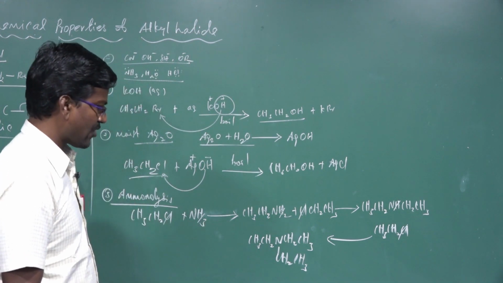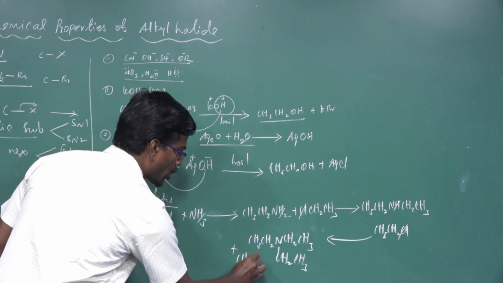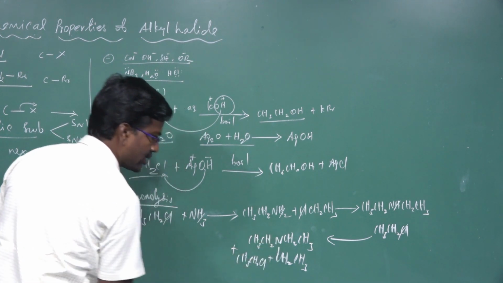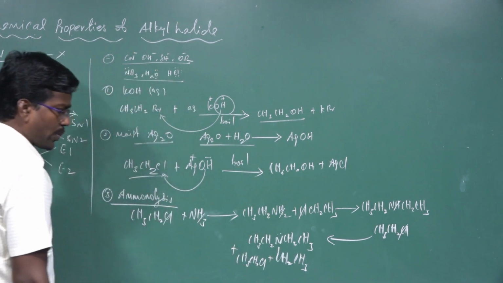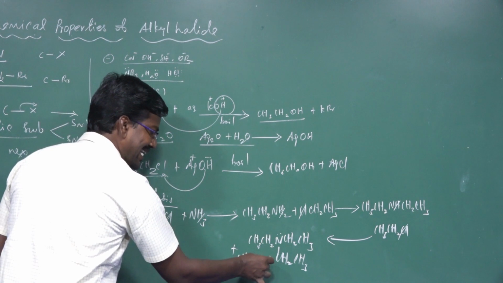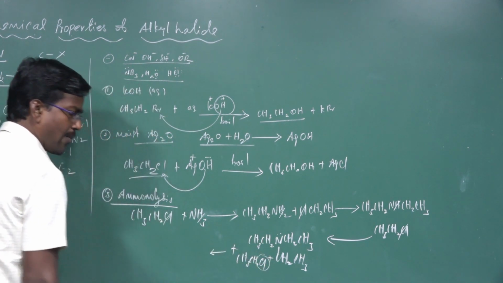So triethylamine is formed. The triethylamine further reacts with one more mole of ethyl chloride. The nitrogen in triethylamine possesses a lone pair of electrons, which can easily accept the chlorine to form tetraalkyl ammonium chloride.